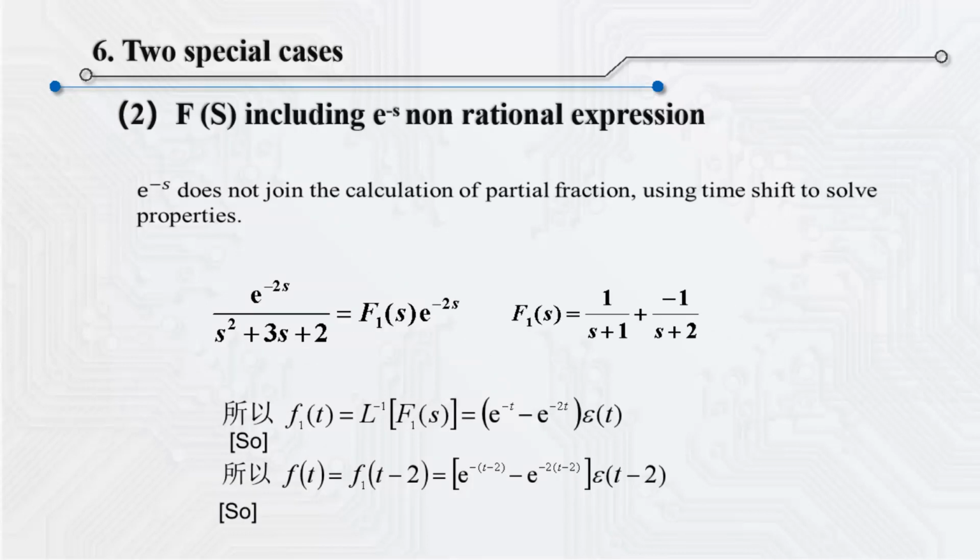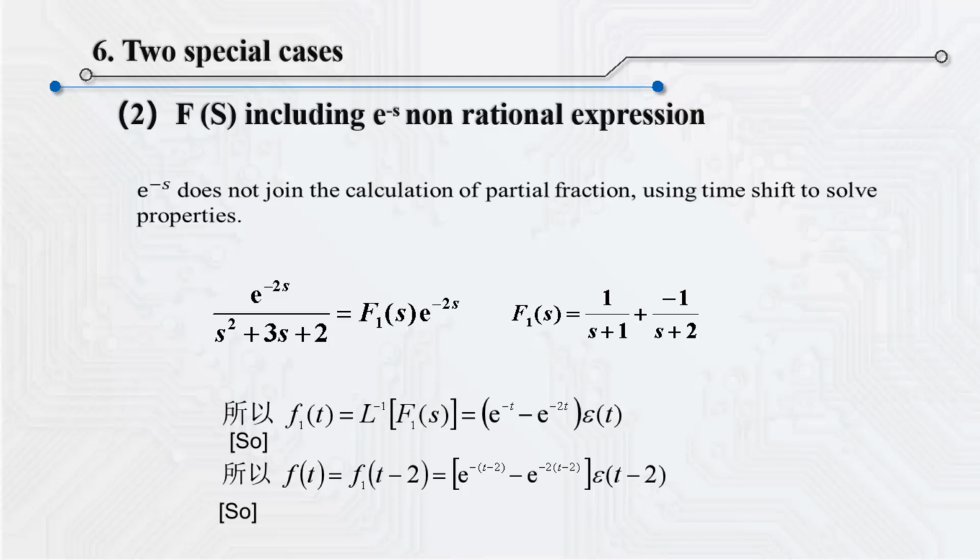Let's look at F(s) with e to the power of -s, a non-rational case. The processing method is that the e to the power of -s terms do not participate in the partial fraction operations. Use the time-shifting property when solving. Here is a case: e to the power of -2s divided by s squared plus 3s plus 2.